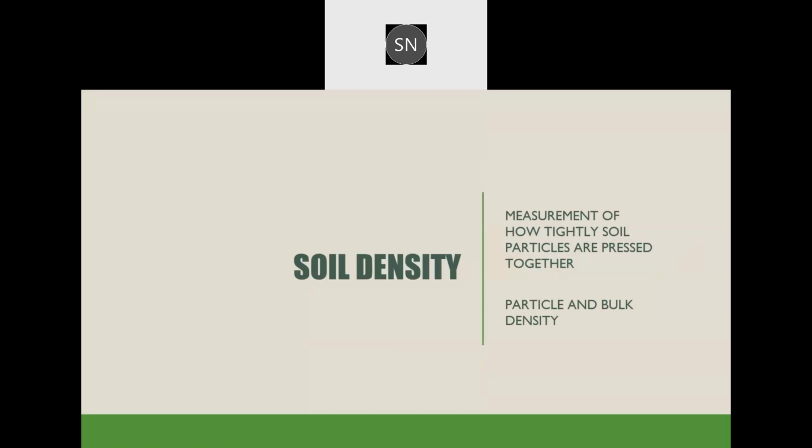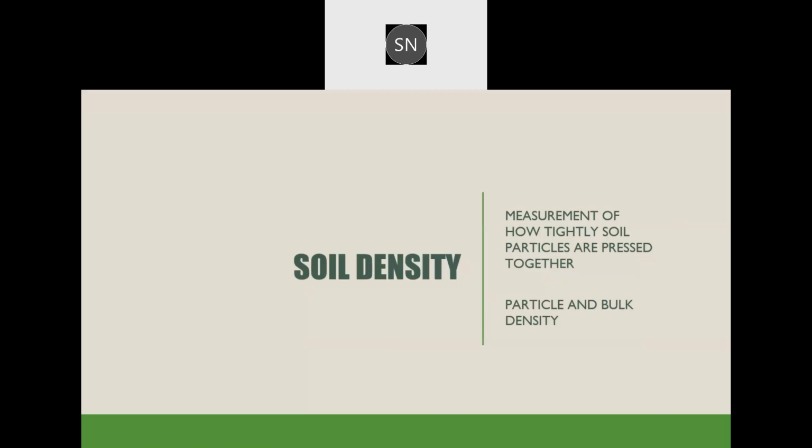The word bulk itself means everything, so you don't need to compress the soil. We take a soil sample, measure the volume, measure the mass, then straight away calculate the density. That is bulk density. For particle density, we have to remove the pore spaces.